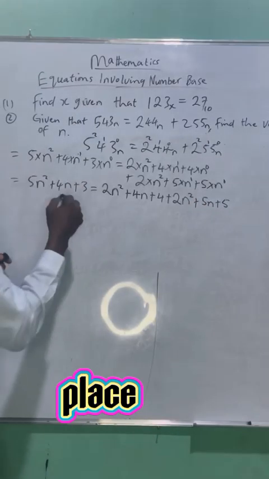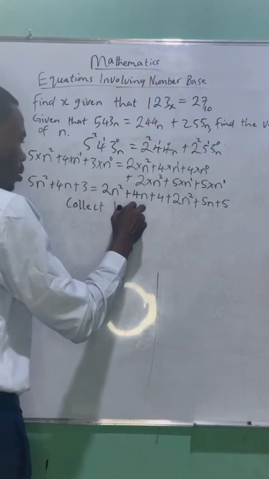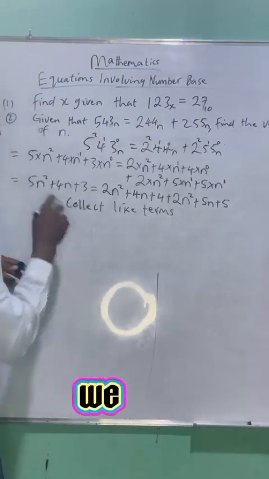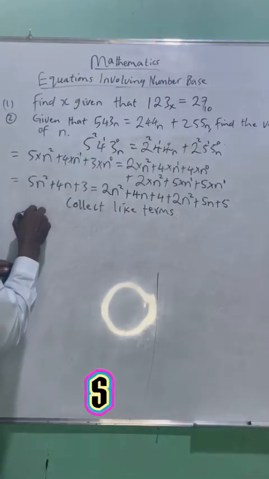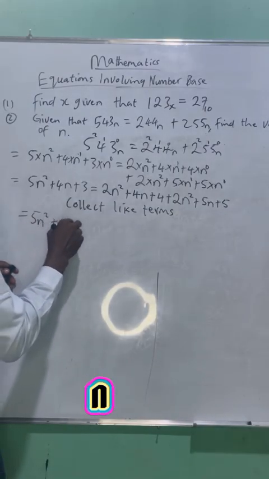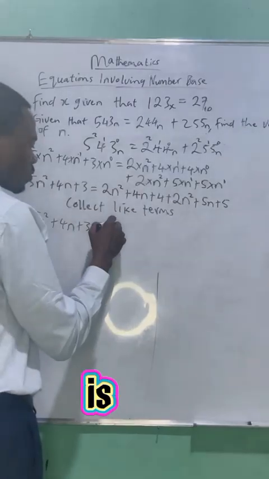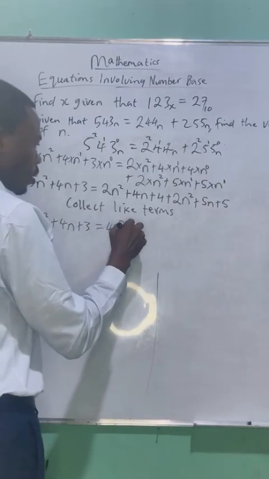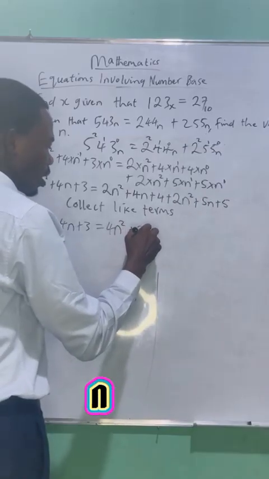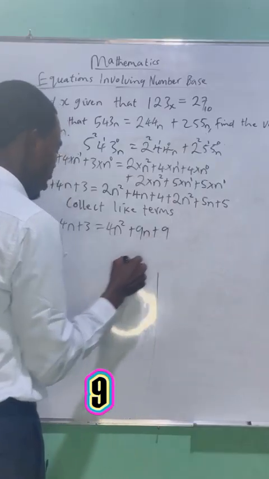So at this place, I will collect like terms. If I collect like terms, I will have 5n squared plus 4n plus 3 is equal to 2n squared plus 2n squared is 4n squared, 4n plus 5n is 9n, plus 4 plus 5 is 9.